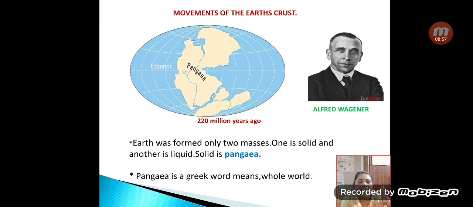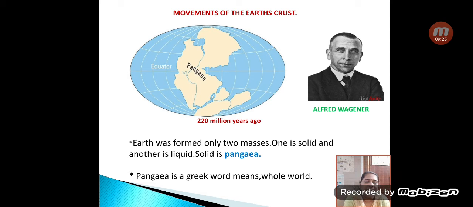In the early 20th century, this German geophysicist propounded, that is introduced, a theory called continental drift, which explains the present system of the continents and oceans.